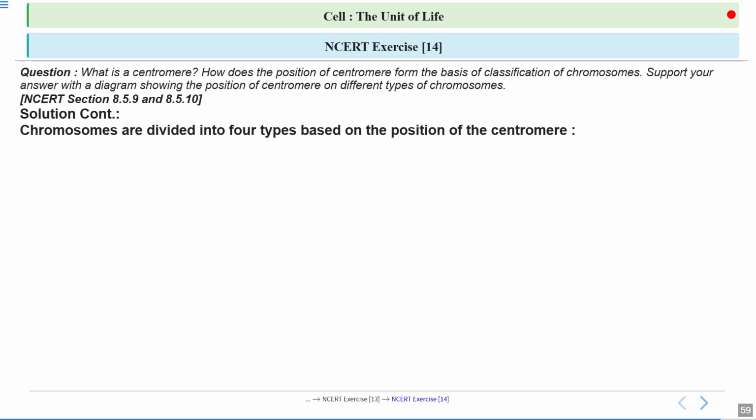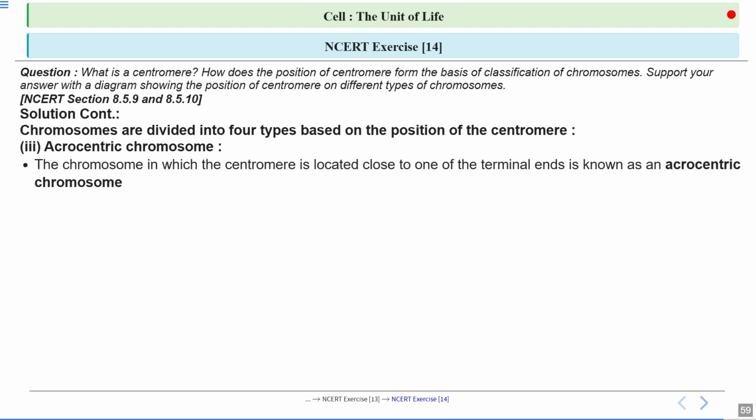Now the next one is the acrocentric chromosome. Here the centromere is located close to one of the terminal ends. Still, the centromere is not at the terminal end, it is close to one of the terminal ends, and this type of chromosome is known as an acrocentric chromosome.